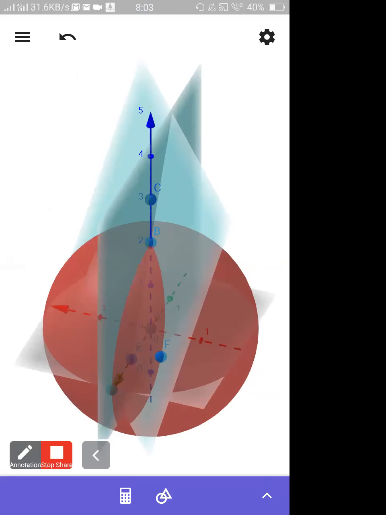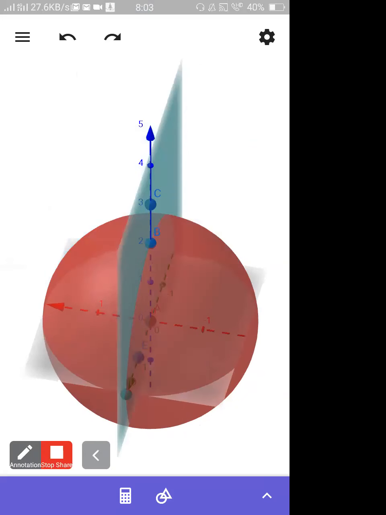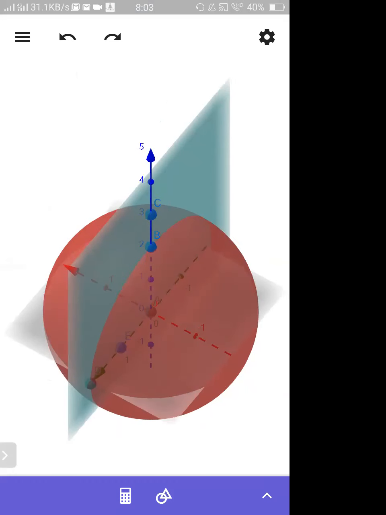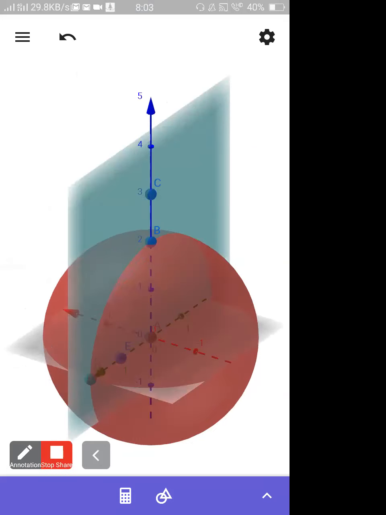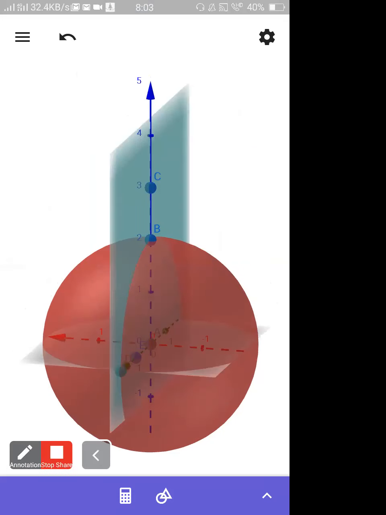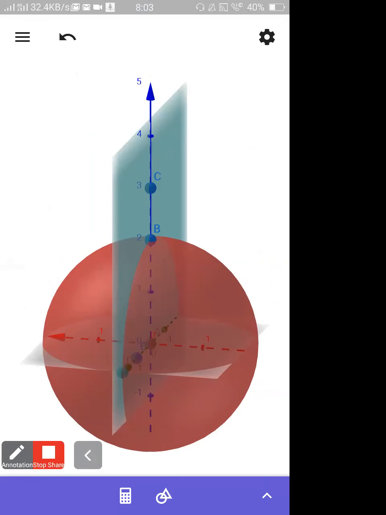Wait a bit, there's a mistake here. I'm not able to form the plane exactly at 45 degrees. Wait. Now I can make it.